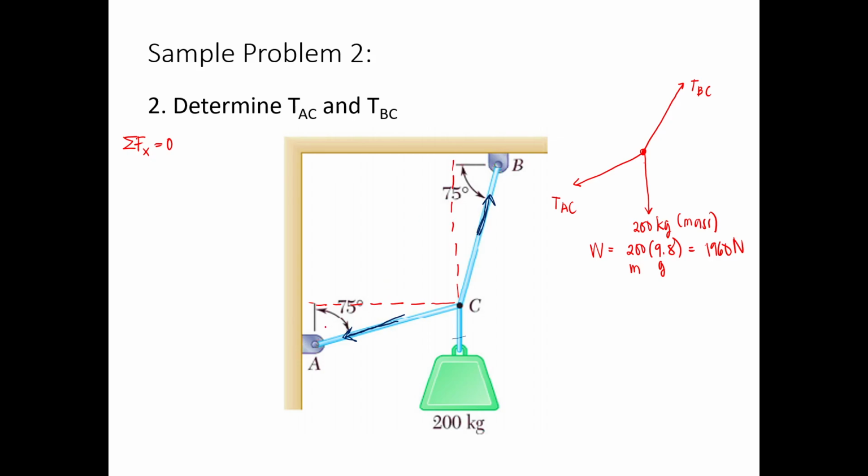Okay, so if this is 75 degrees, the remaining part here is 15 degrees. Same goes here, 15 degrees, because 15 plus 75 is 90. And since this one is a right triangle, 90 plus 90 is 180 degrees interior angles.